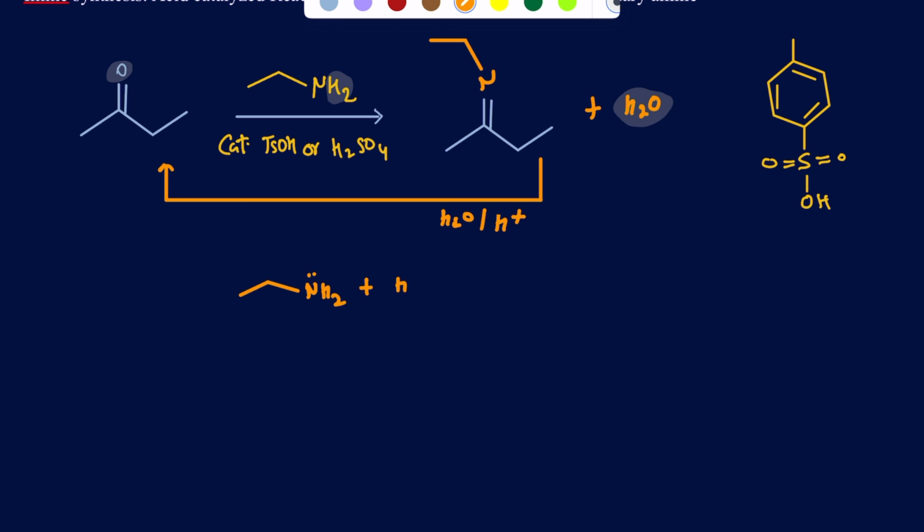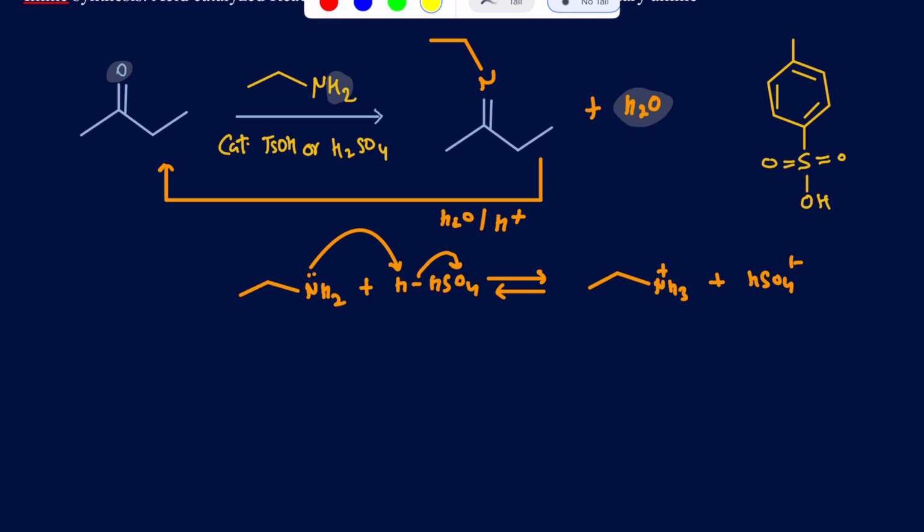So I can just say H2SO4 is going to be used up to protonate that. This is not really the structure of H2SO4, but the proton is just going to go back onto that oxygen, and you end up making NH3 plus, and you have HSO4 minus.